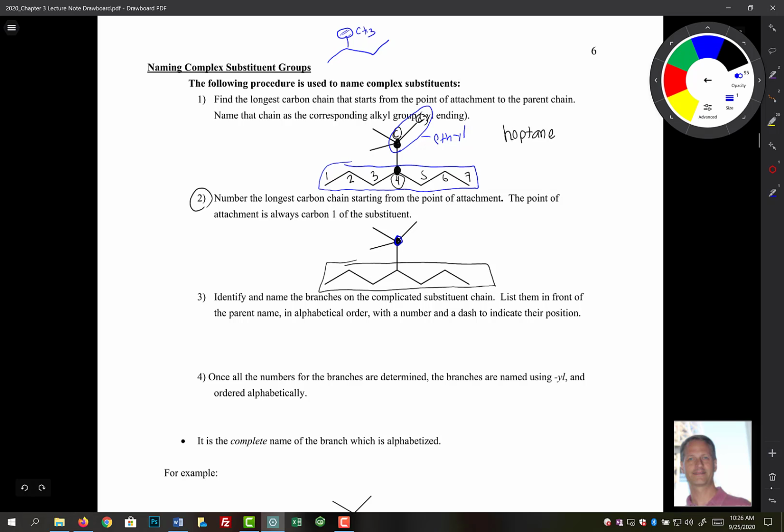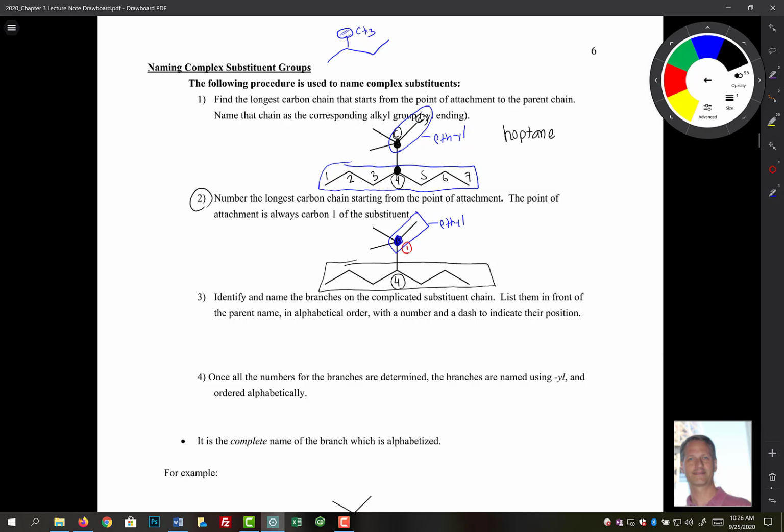It's connected to another carbon, and this again is your ethyl. We call that carbon number 1. So the first point of attachment off of carbon number 4 as our substituent, we number as number 1. That's always just your number 1.